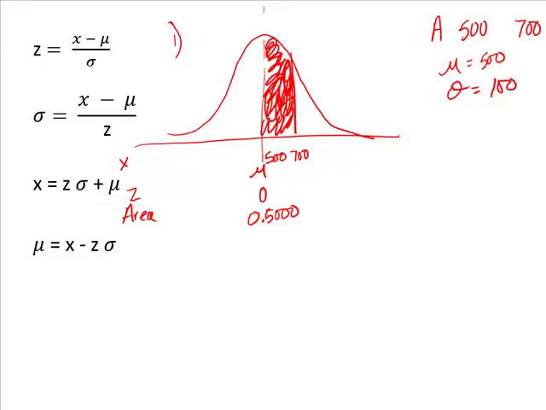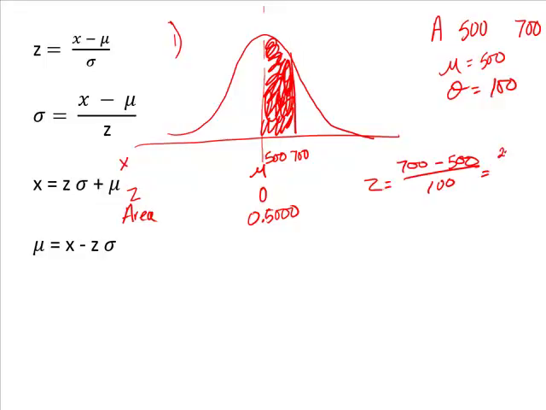Now I have to do the same thing for 700. So what do I do? Well, I need to find the z-score, this number here, that represents a score of 700. So let's see, I need to find z. That's this equation here. Z equals 700 minus our mean, which is 500, divided by sigma, which is 100.